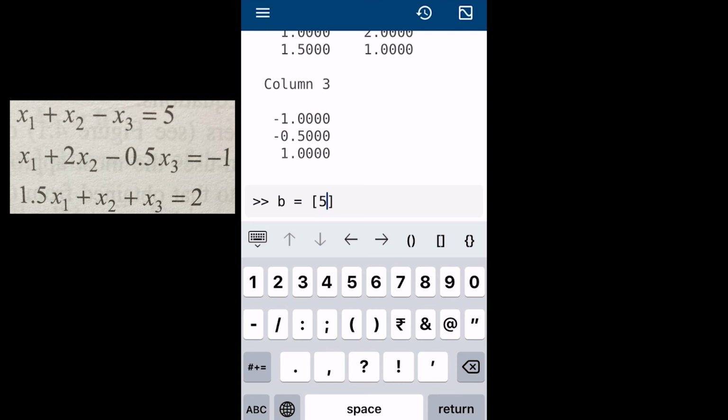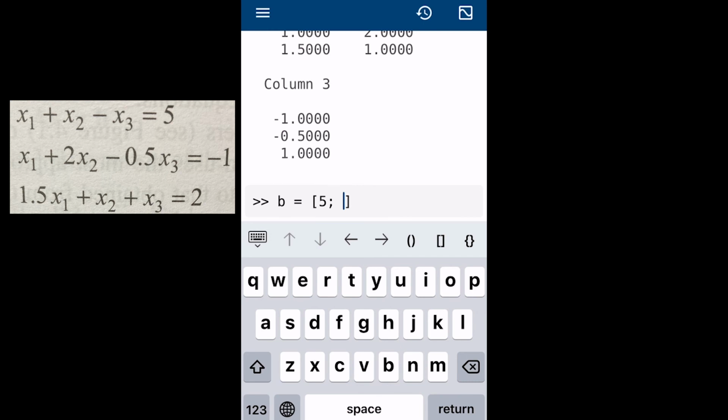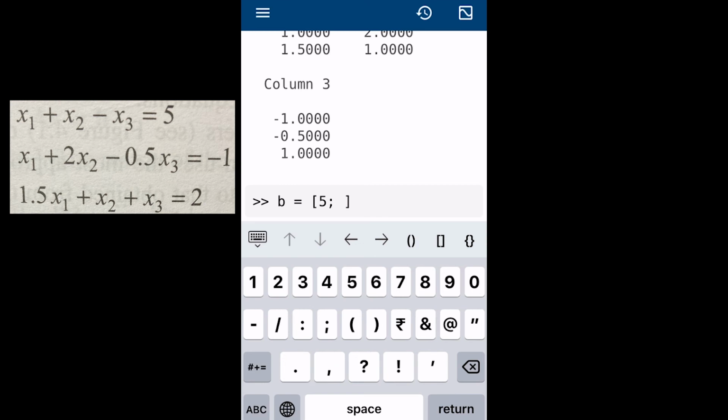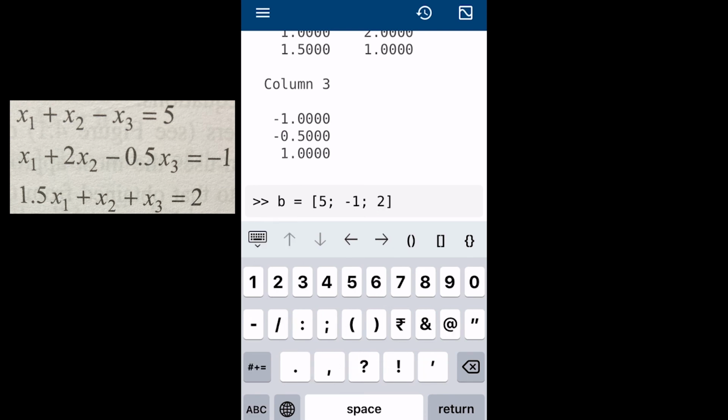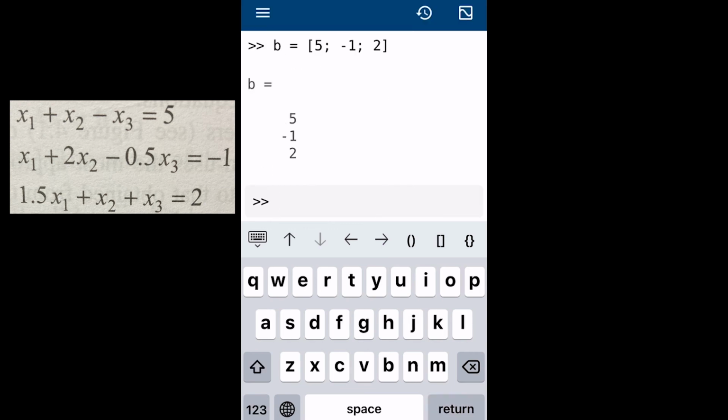To move on to the second row, you have to put a semicolon. What is the right hand side value of the second equation? That is minus 1, right? Semicolon. What is the right hand side value of the third equation? It is 2. So you have defined the vector B on the right hand side. Press return.